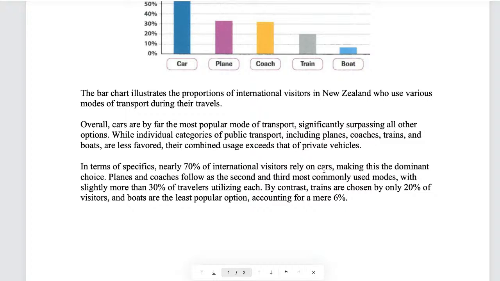Really? V-E-H-I-C-L-E-S. Vehicles. Xe cộ, phương tiện đi lại đó bạn. Chứ cái này bạn đọc là gì? Vehicle. My God.